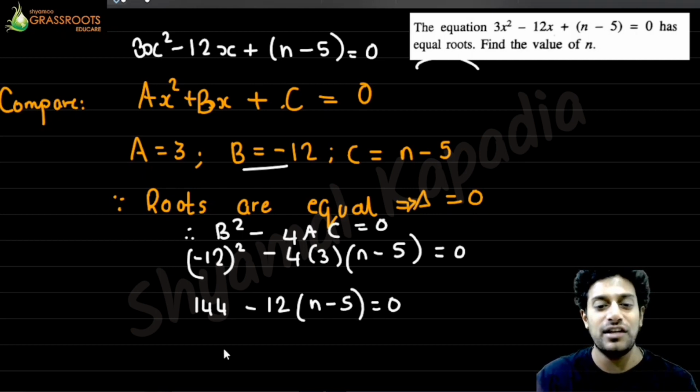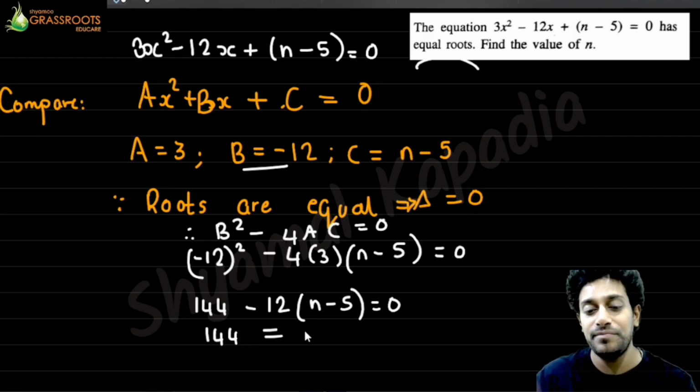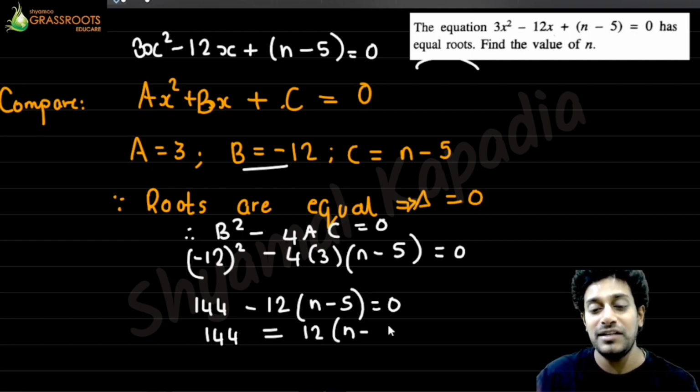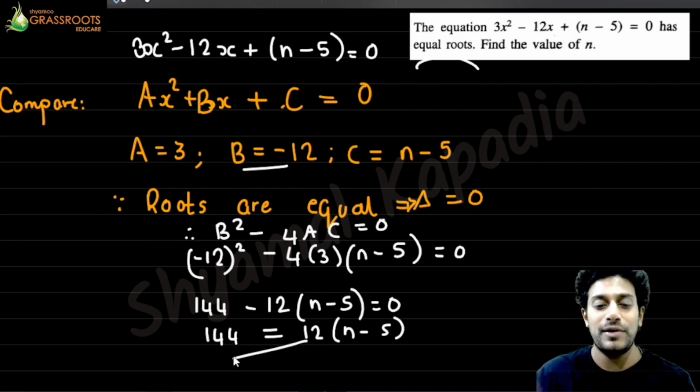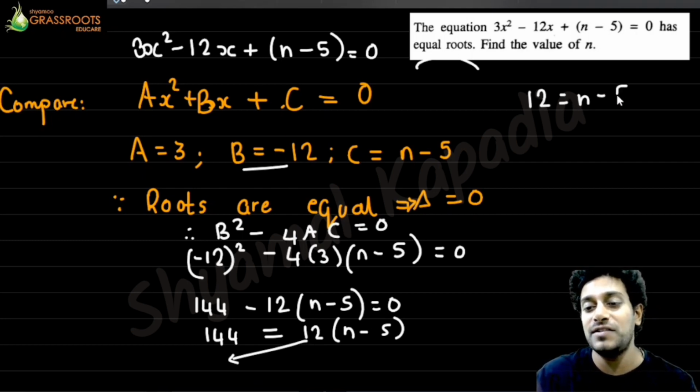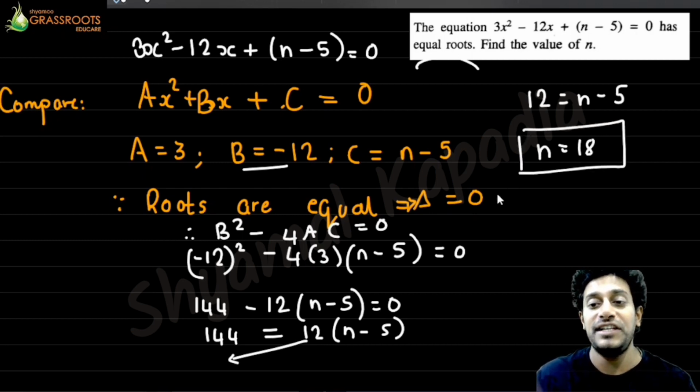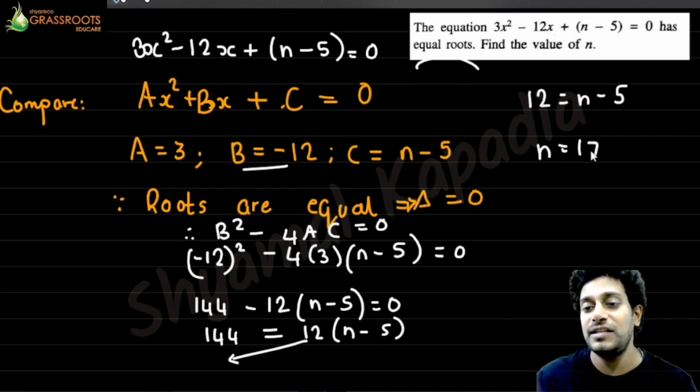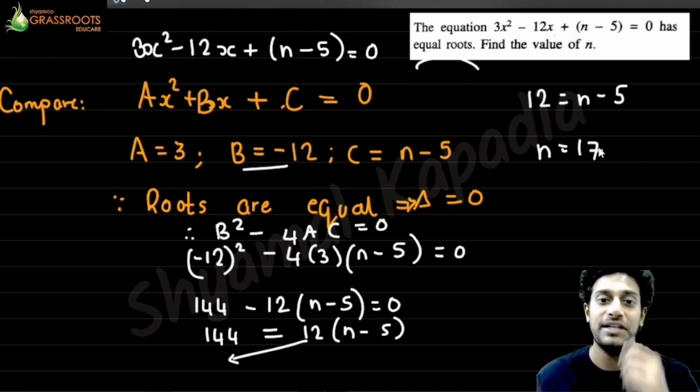Shift that entire term to the other side. So 144 is equal to 12 into n minus 5. 144 divided by 12, 12 is equal to n minus 5. Shift it. So the value of n is 12 plus 5, 17.